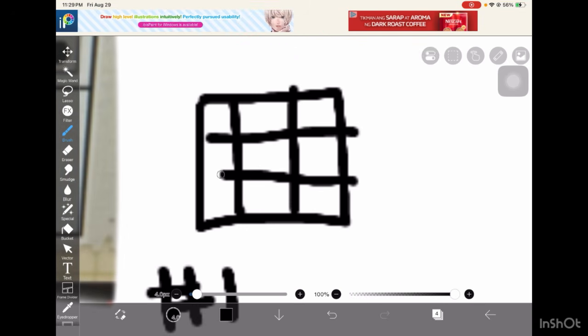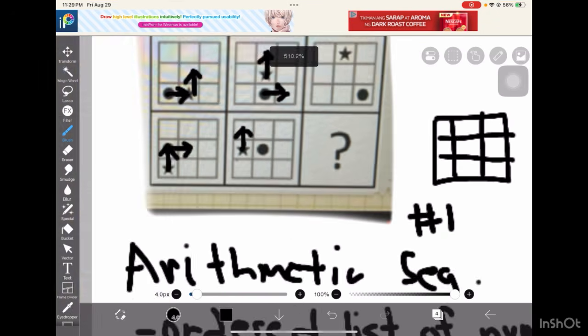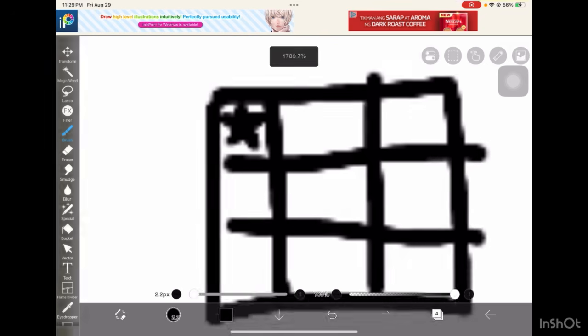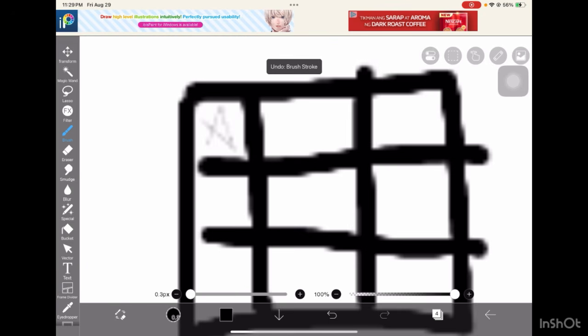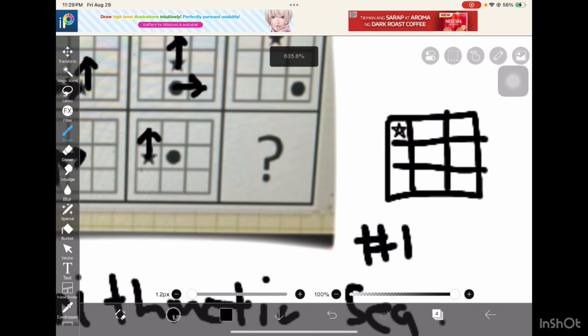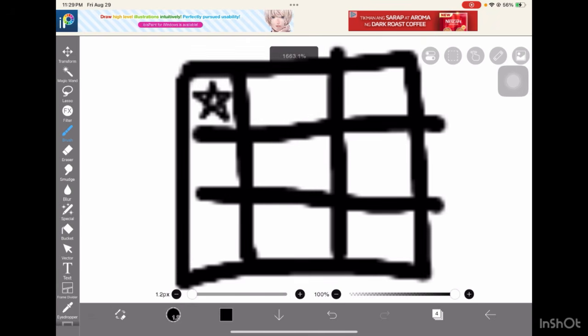The number 1 answer will look something like this. We're going to go up again from here, so we put the star over here. How do I draw the star? Okay, that's a star. Hopefully it's visible. And then since we're going right again, we're going to put the circle over here.